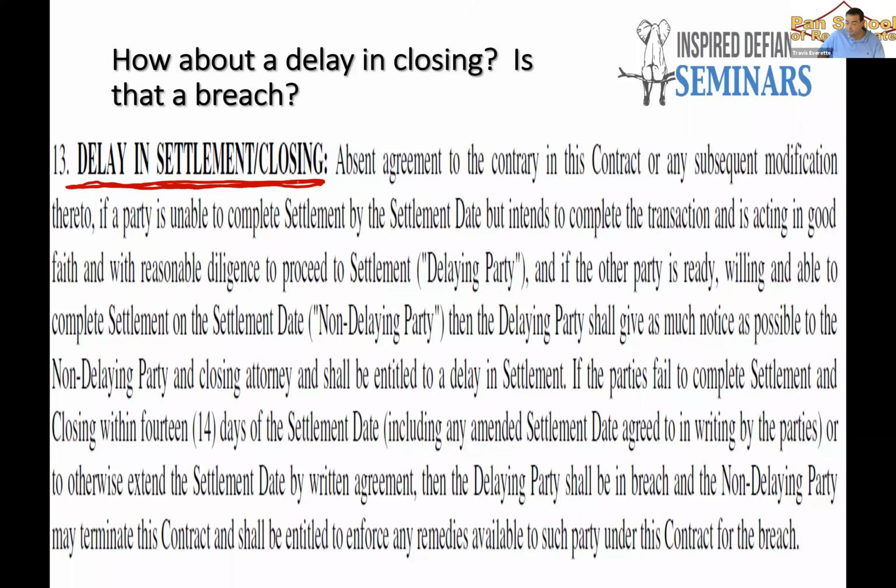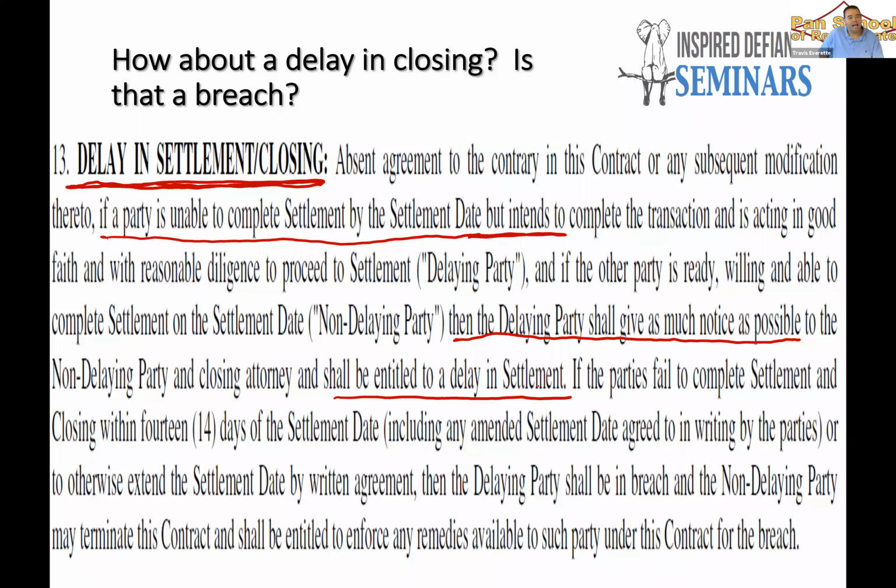It says, basically, if a party is unable to complete the settlement by the settlement date, but they intend to, so they're still working toward closing the transaction, and I'm going to skip over, then the delaying party shall give as much notice as possible, and they shall be entitled to a delay in settlement.